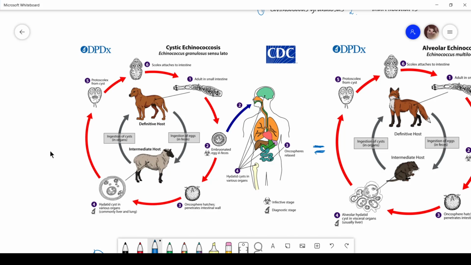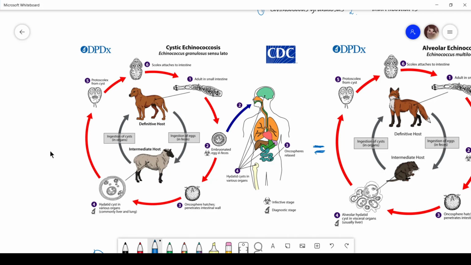The adult Echinococcus granulosus is from 2 to 7 millimeters long, and is present in the small intestine of the definitive host. Gravid proglottids release eggs that pass in the feces and are immediately infectious.